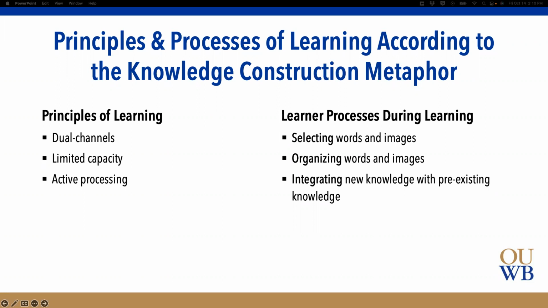The second thing then is once they've begun that process of paying attention, they need to begin mentally organizing the material that they select into that coherent verbal or pictorial representation, sort of this idea of conceptualizing what it is they're seeing, what it is they're hearing. And then finally, they have to integrate that new knowledge with pre-existing knowledge already stored in long-term memory.